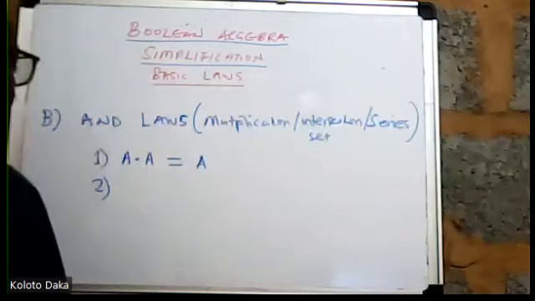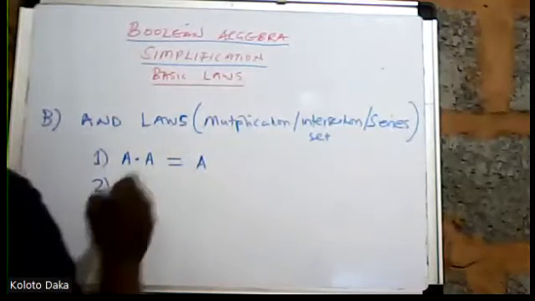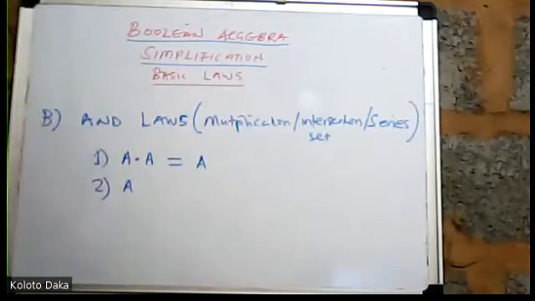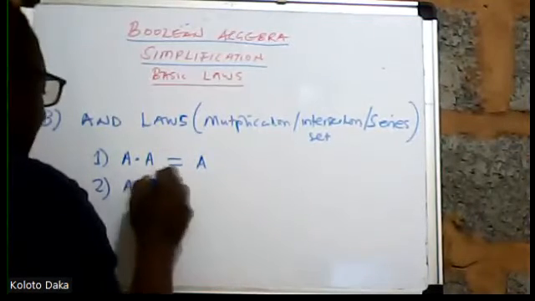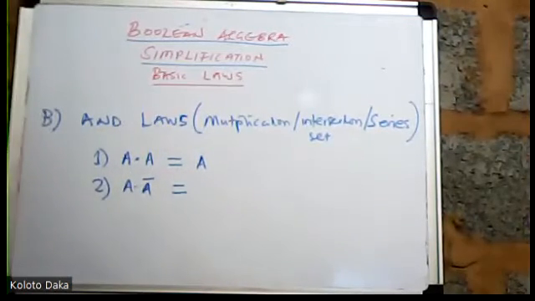Number 2, what about A multiplied by not A? A multiplied by not A. What should be the answer?